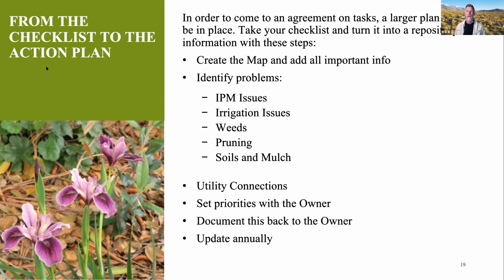Create the map and all important info, including the high points and low points of the garden, and the direction of the water flow. Identify problems, IPM issues, irrigation issues, all that stuff you've already located. You've found the utility connections and the condition of the controller, if there is one. These are the steps, and we're going to walk through them one by one. Set priorities with the owner, document this back to the owner, and update annually.